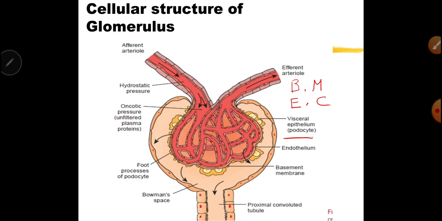Also, we said that the glomerular structure has a special function to prevent the filtration of protein by having something called a negative shield.